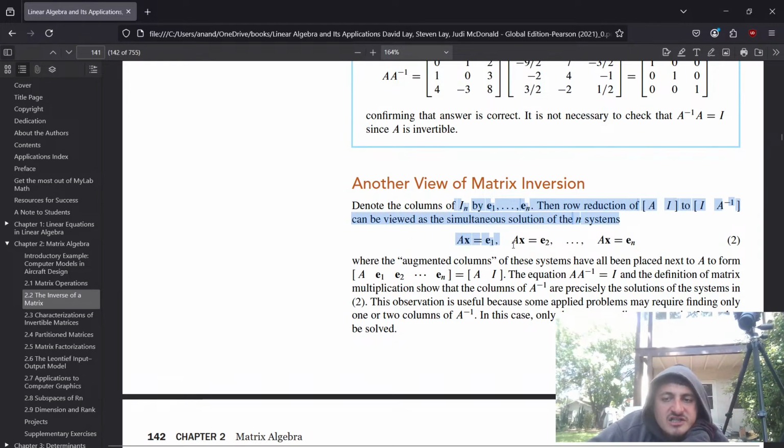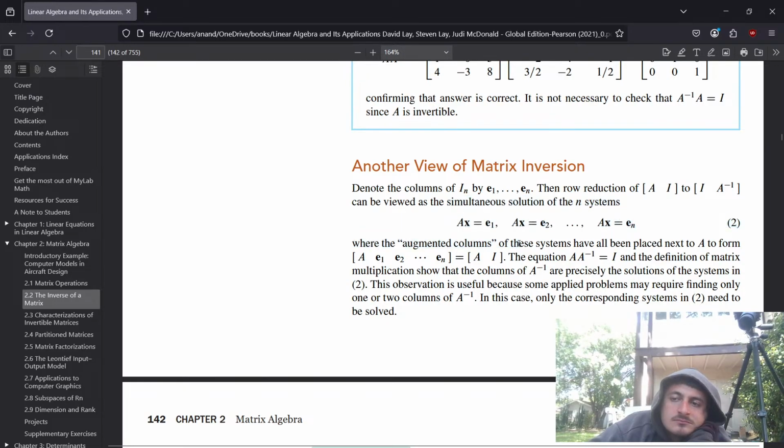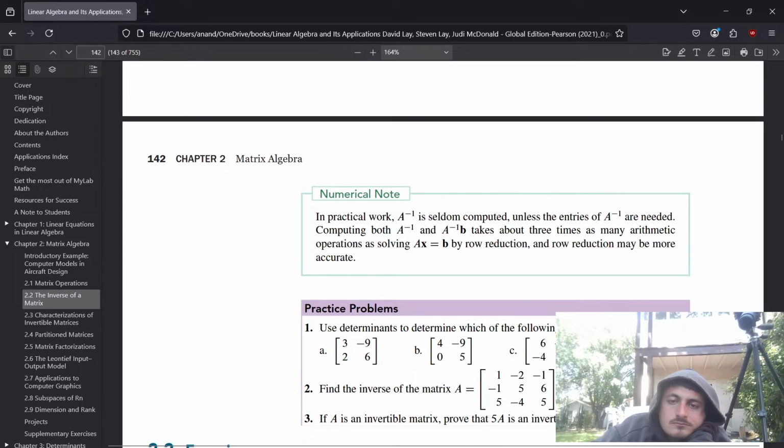Another view of matrix inversion. In practical work, A inverse is seldom computed unless the entries of A inverse are needed.